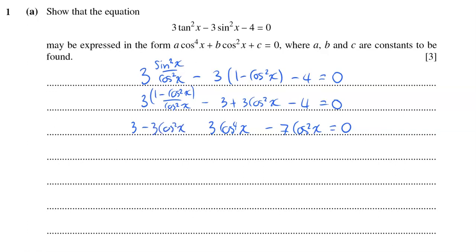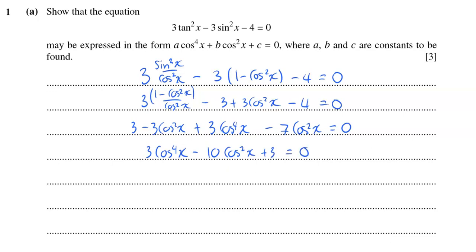All right, this cos to the 4, there's a plus in front of that, and so we're really close to finishing now. Let's take the highest term out front, cos to the 4x. We've got minus 7 cos squared minus 3 cos squared turns into minus 10 cos squared x, and finally we've got plus 3, and that equals 0.